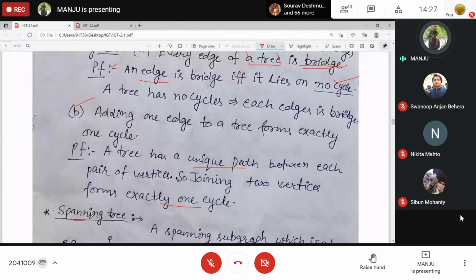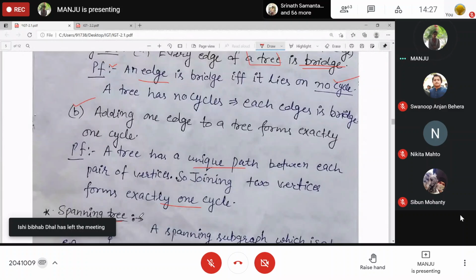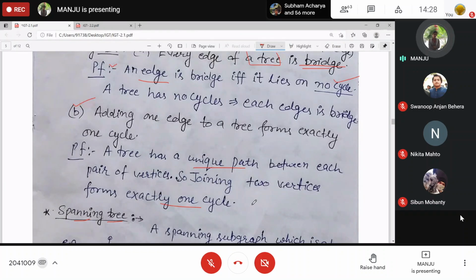Now, spanning subgraph, spanning tree. Tell me about spanning subgraph. We have done induced subgraph and spanning subgraph. Anyone remember?